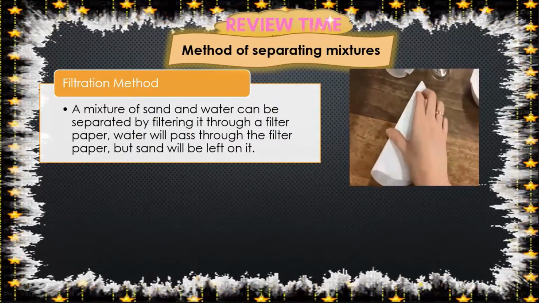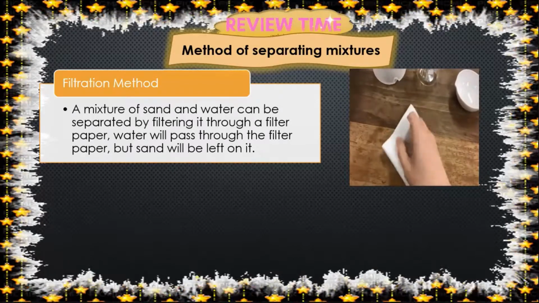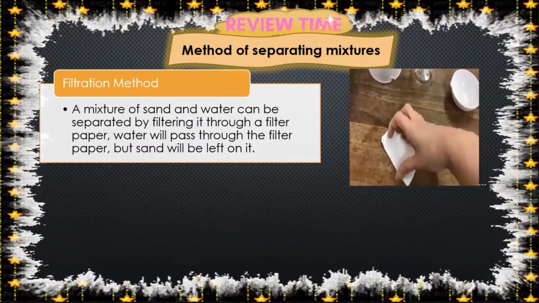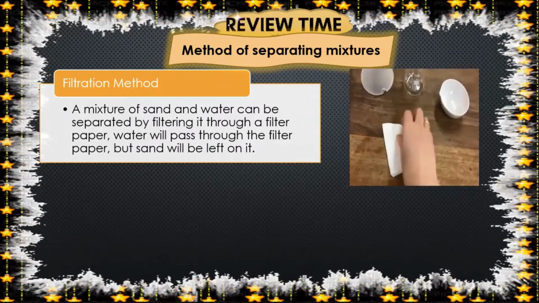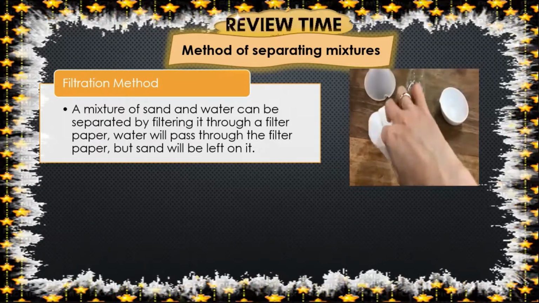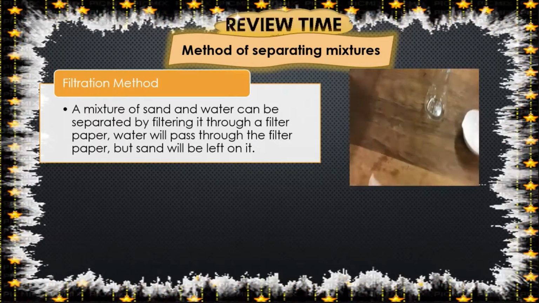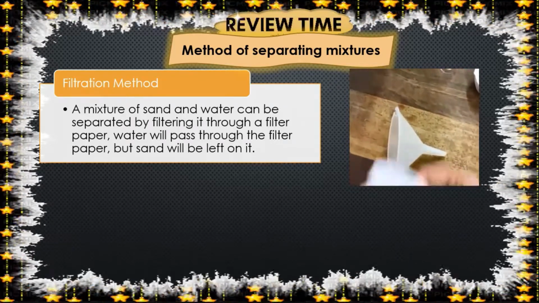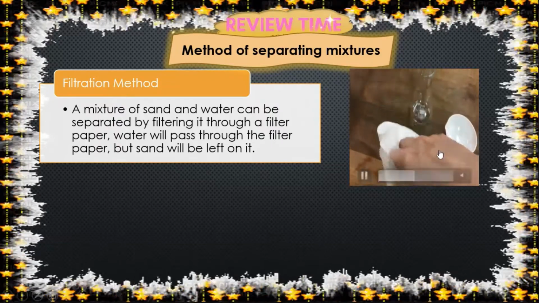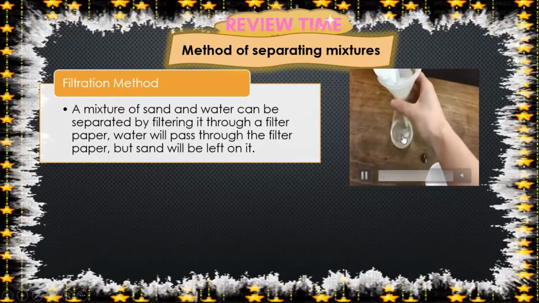So there are three substances: salt, sand, and water. Now we fold the filter paper, fit it into the funnel, and pour in this mixture of salt, sand, and water. You can see the salt water, because salt is mixed with water. The salt water filters through and only sand is left on the filter paper. Okay, and this is the salt water.